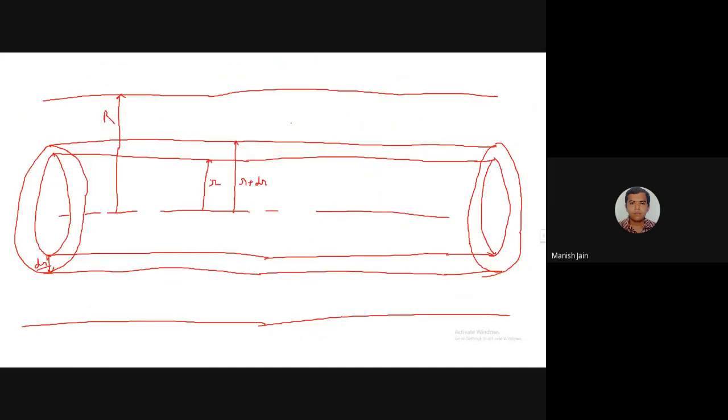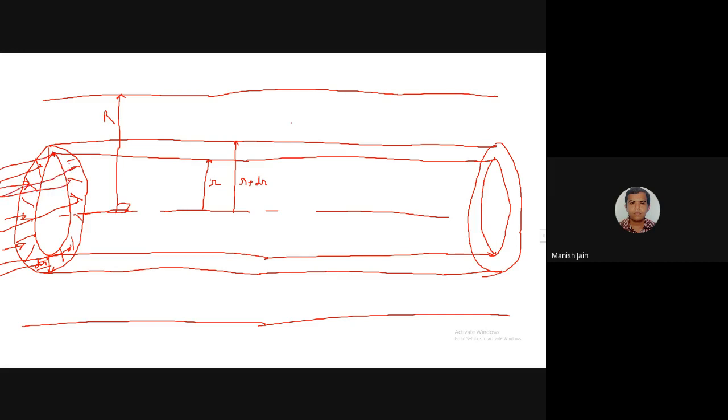Now momentum will enter from which part? Because fluid is flowing from this direction, fluid is entering from this surface in the control volume. We are doing the balance for the control volume only, not for the whole pipeline. So fluid is entering from this space.